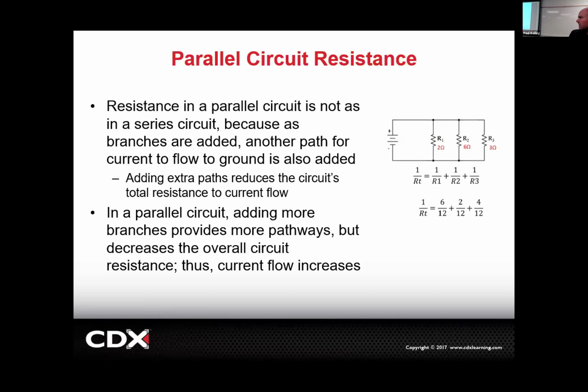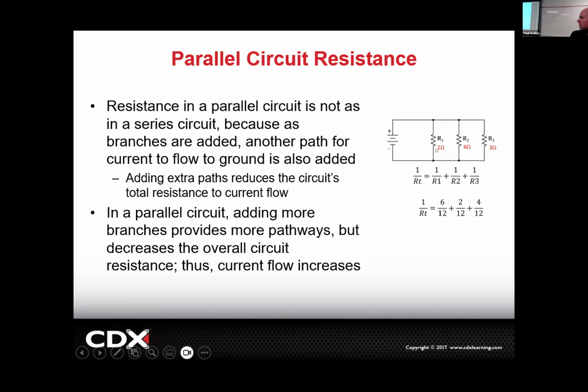I may link one in here just to show it. Let's take a quick look. I went over it and kind of remembered, but I don't recall this part well enough. So we want to know the total resistance.